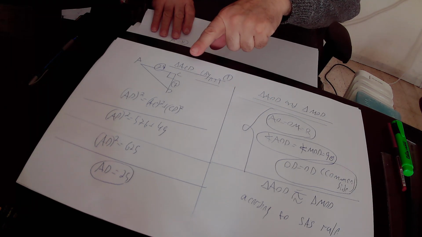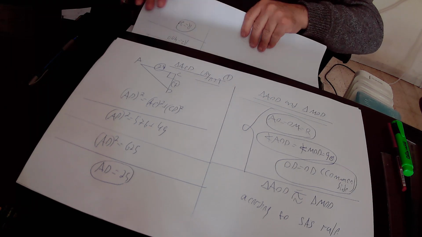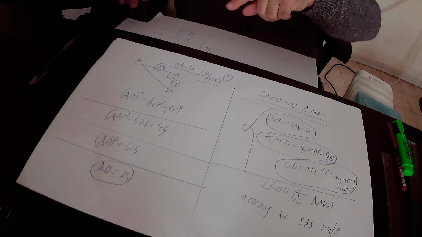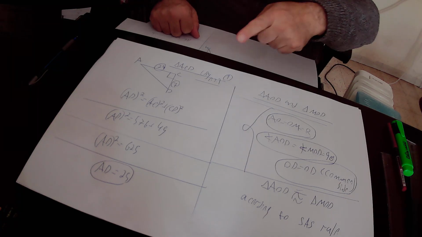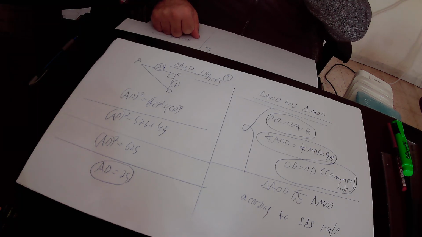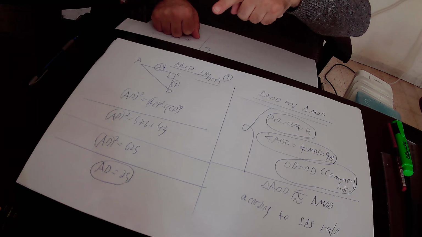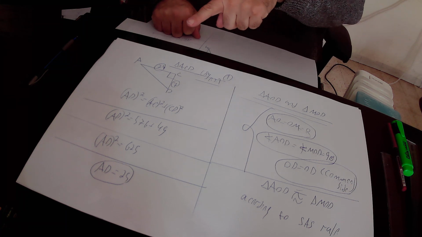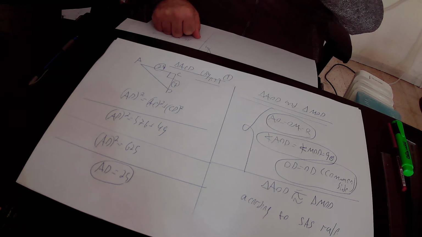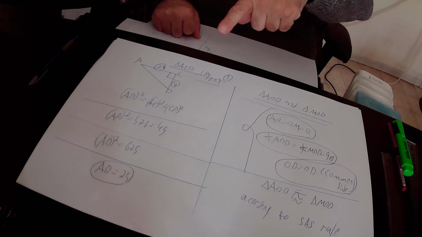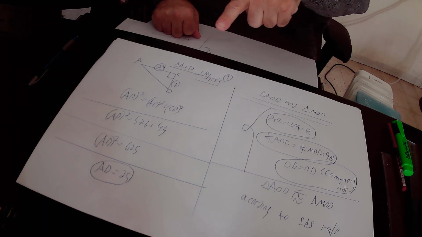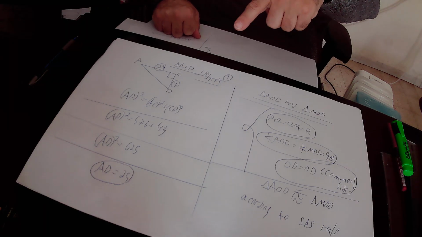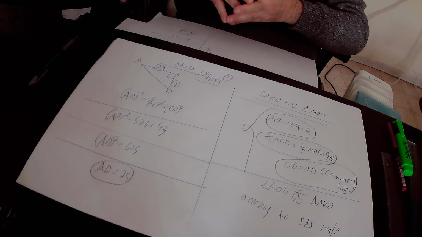This is the right green triangle ACD that I copied from the original drawing. AC equals 24 units, CD equals 7 units. According to the Pythagoras theorem, in this right triangle ACD, AD squared equals AC squared plus CD squared. AC is 24, therefore AC squared is 576, plus CD squared. CD is 7, therefore CD squared is 49.